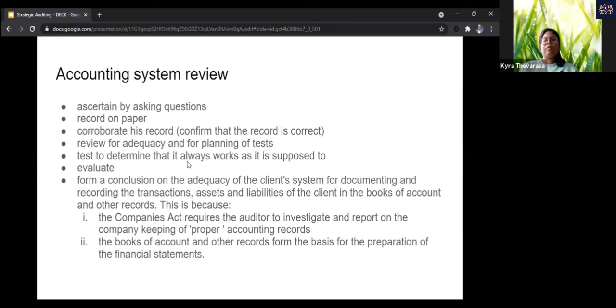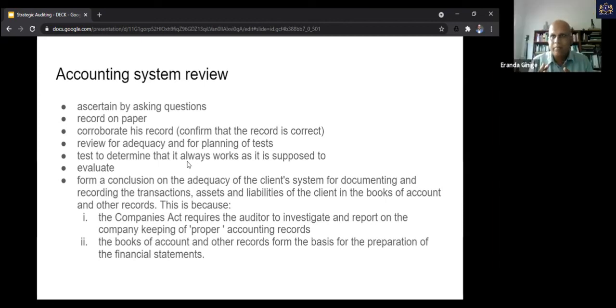Very simple, right? Or is the system recording all the assets and liabilities? Simple as that. The system is supposed to do certain things, and you are checking if the system is doing that or not.